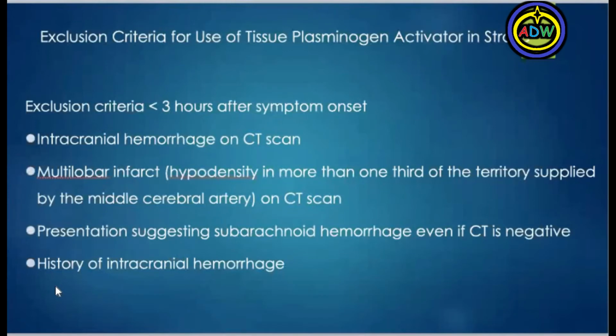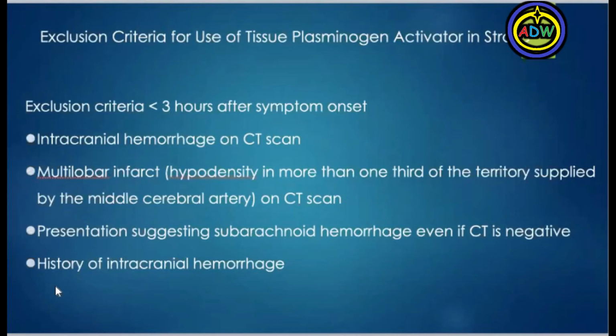If the patient had in his past history intracranial hemorrhage, or intracranial hemorrhage on CT scan, of course it is the first contraindication, because we treat with tissue plasminogen activator only ischemic strokes, but never hemorrhagic stroke. If the patient has an ischemic stroke which involves more than one lobe, multilobular stroke, it is also a contraindication.